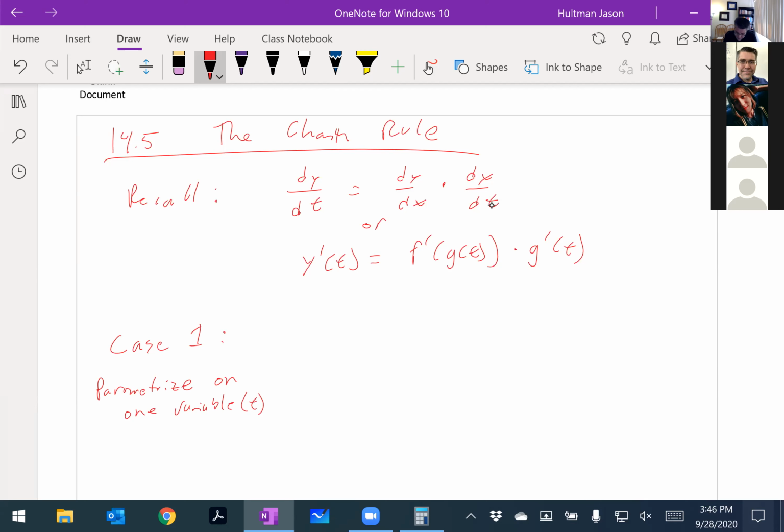So this is when you have a function of x and y, and we're going to parameterize that function of x and y on t. You need to get it down to one variable, not 2.